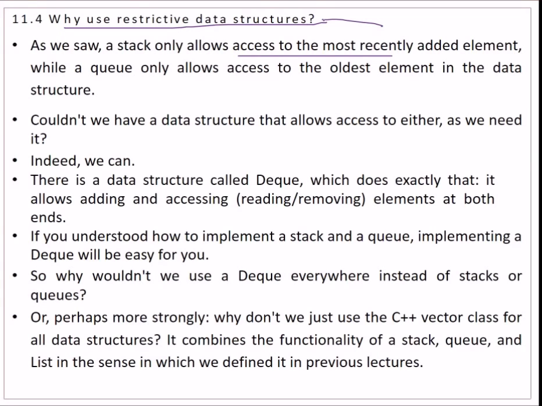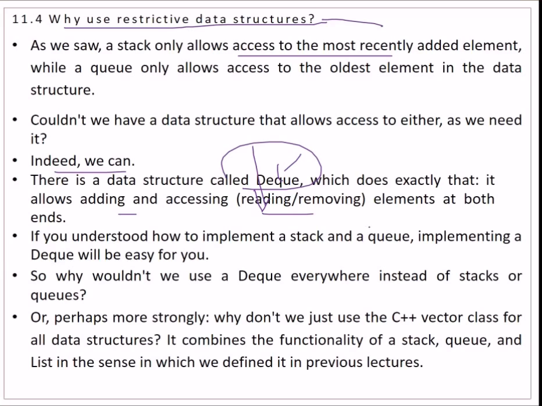This is a general question. Couldn't we have a data structure that allows access to either of them? Yes, we can. There is a data structure called deque, which does exactly what we are talking about. It allows adding and accessing elements at both ends. So deque is very important. If you understand how to implement stack and queue, implementing a deque will be far easier for you.